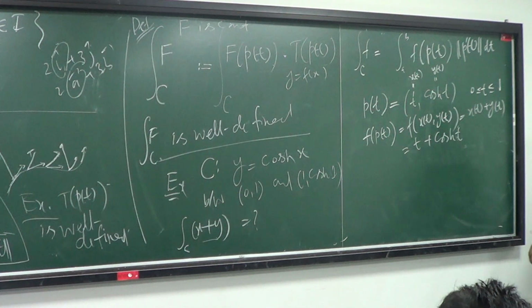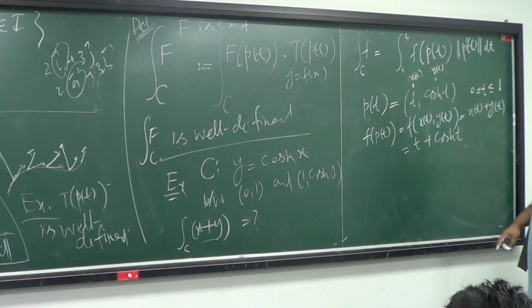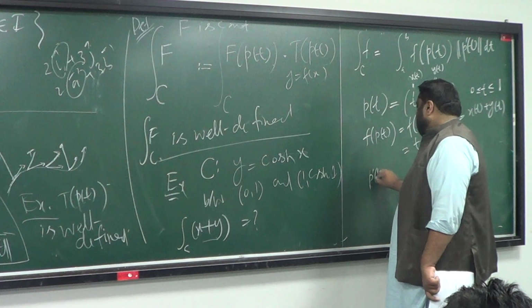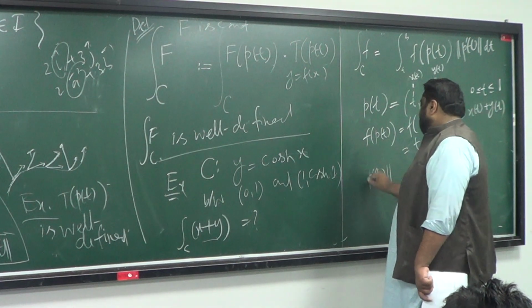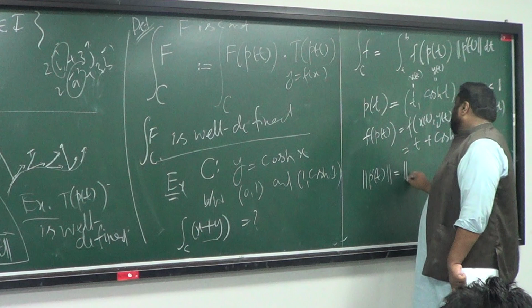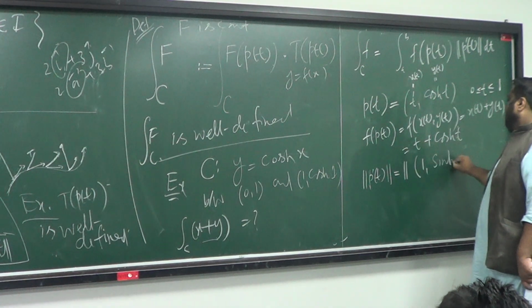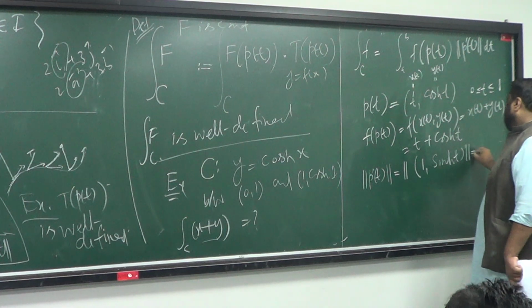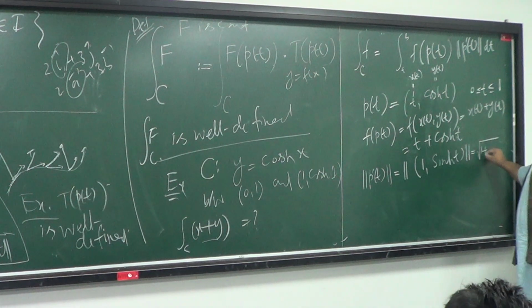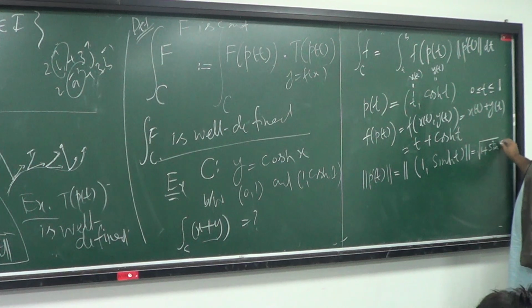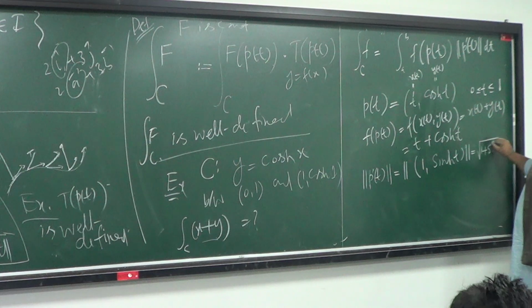Okay? So what I would like to do next? I have f of p of t, so I need p prime of t. So what would be the p prime of t, and its magnitude? So this would be the magnitude of 1 and sine hyperbolic t, and this magnitude is going to be square root of 1 plus sine hyperbolic squared t.